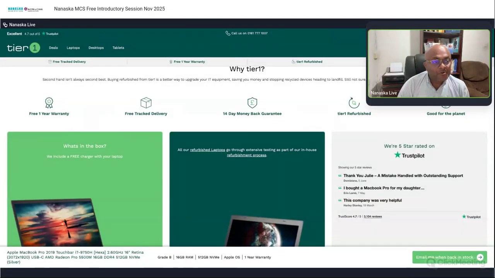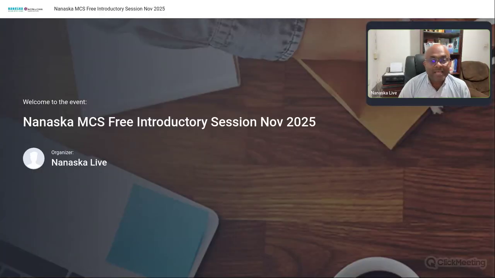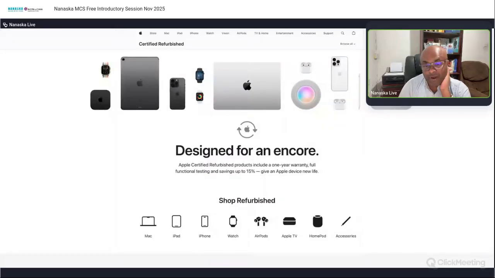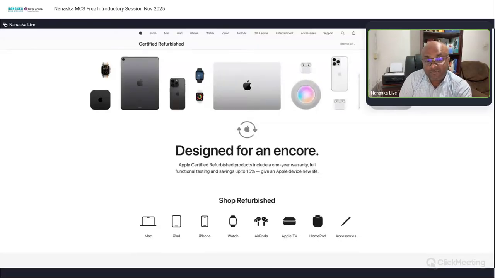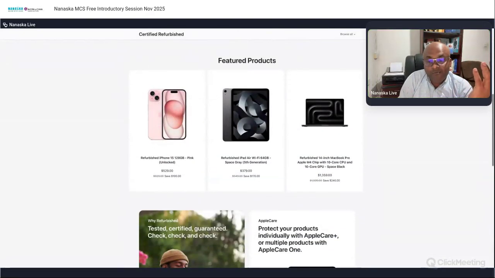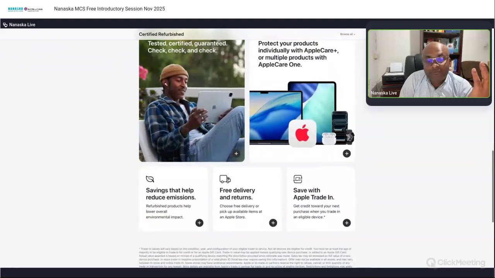But of course we did say that even Apple is doing that, didn't we? Of course we did. Certified refurbished products of Apple. It says shop refurbished, you shop for refurbished items. This is where the site is. Savings up to 15%, and you can buy a used product and save 15%.